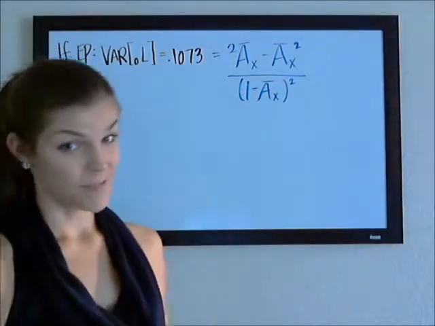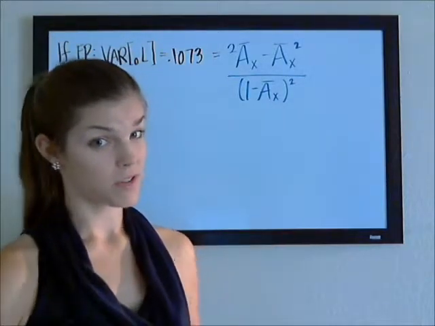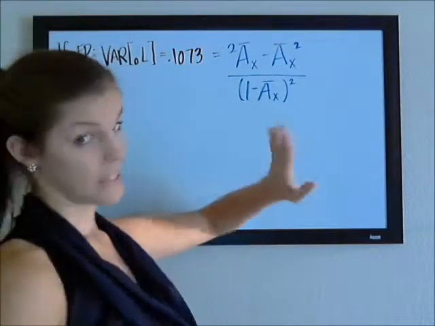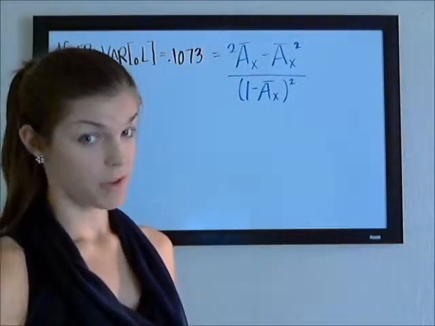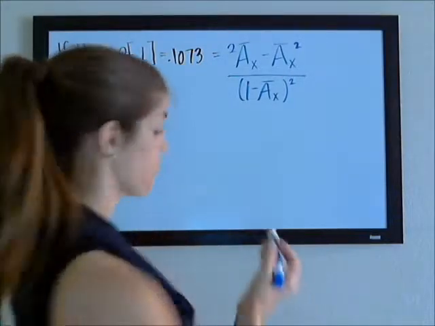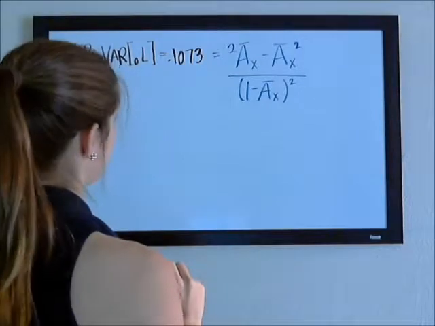This is not something that I memorized. This is something that I know and understand from working it out so many times. So don't memorize this. In the previous video, I show you how you can work it out using what you already know.